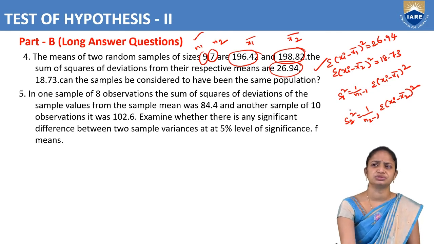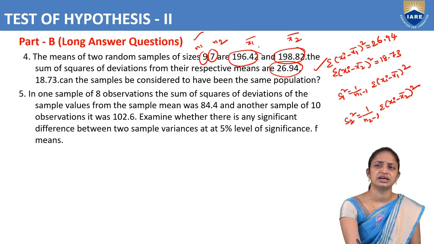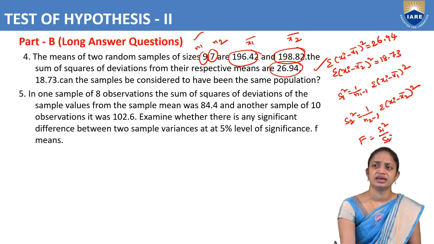If s1 square is greater than s2 square, we use s1 square by s2 square, the F distribution formula. Otherwise, we use s2 square divided by s1 square, when s2 square is greater than s1 square.